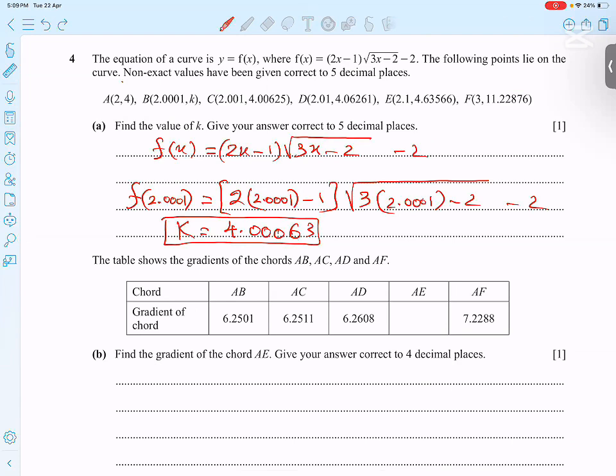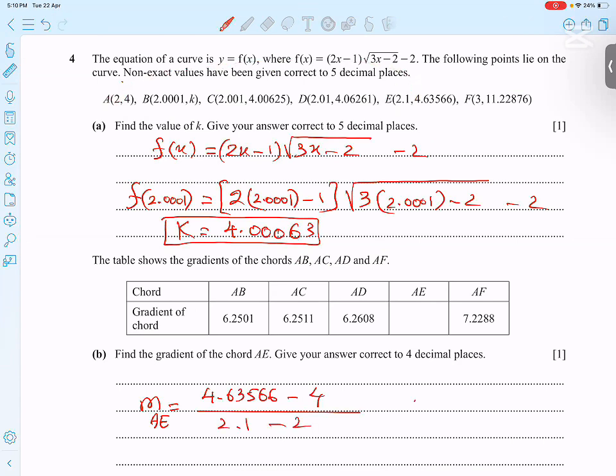Let's talk about the table of gradients: AB gradient, AC, AD, AE. A student keeps A fixed, and then he finds the gradient. So AB, AC, AD, AE. So not a hard job to find the gradient of AE. Basically, what's the formula that you know already? y2 minus y1 over x2 minus x1.